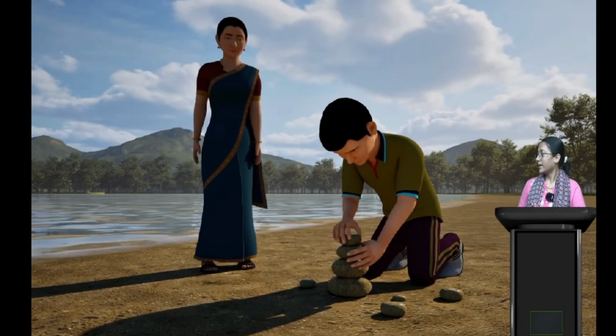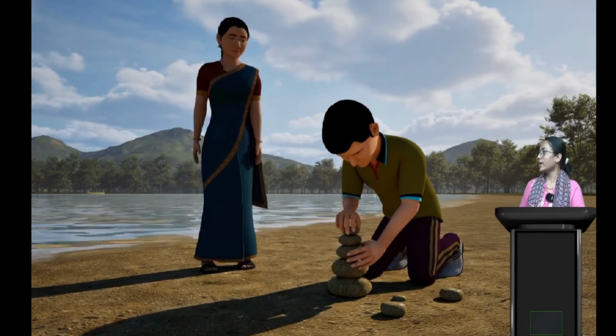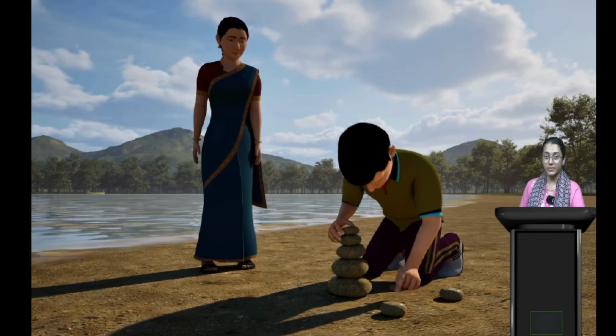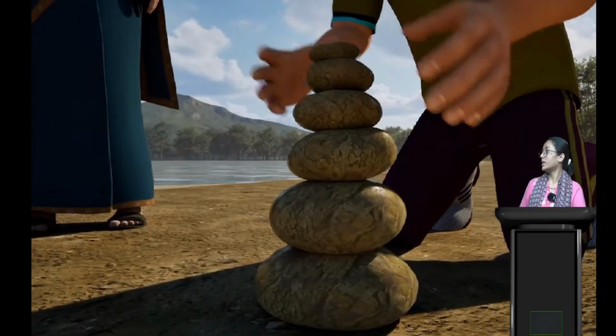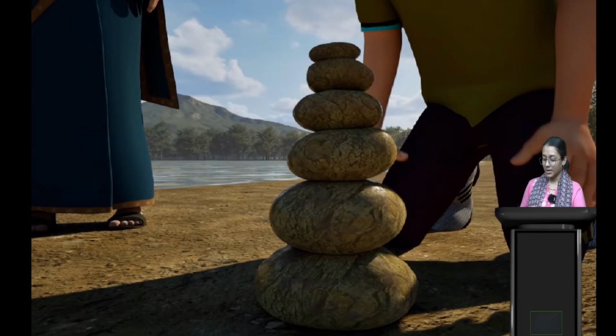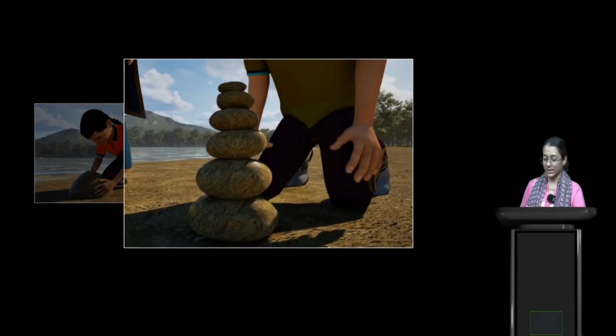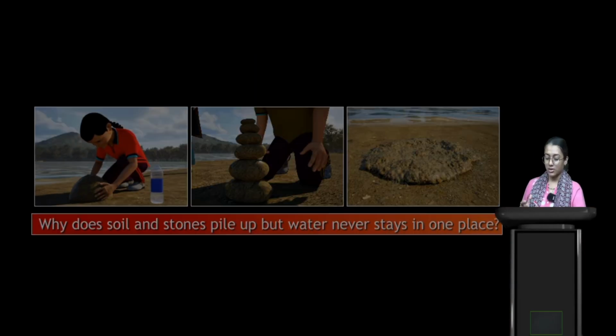See, in another incident, one boy is piling up some stones, right? He arranged them beautifully. In both cases, she was piling up clay and the boy was stacking some stones together, but the water didn't keep the shape.